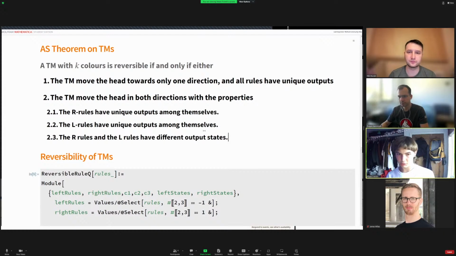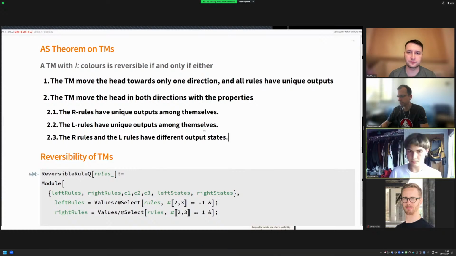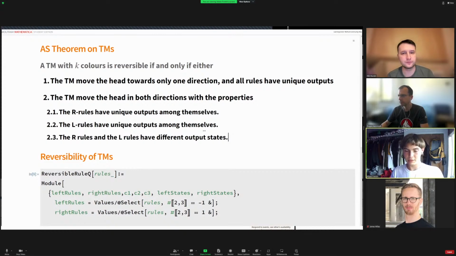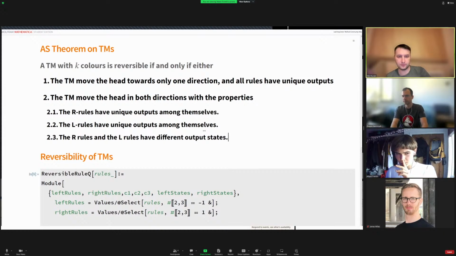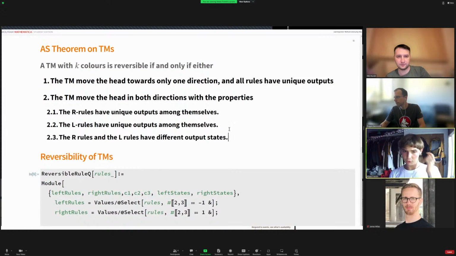We look at the state: is it a left state or a right state? If it's a left state, it means that to go back, we go to the right. So first you know the direction, and then using the direction, you know that they have unique outputs, so you can check your output against that.